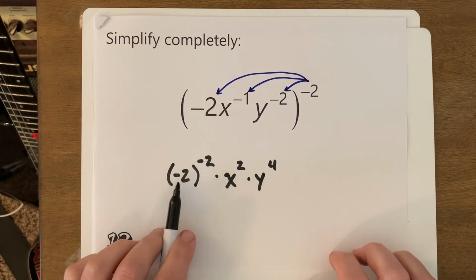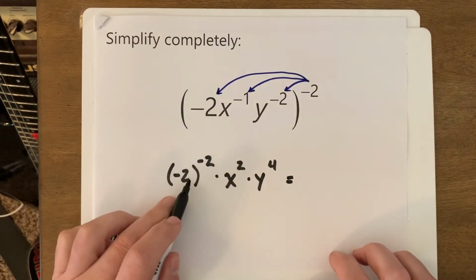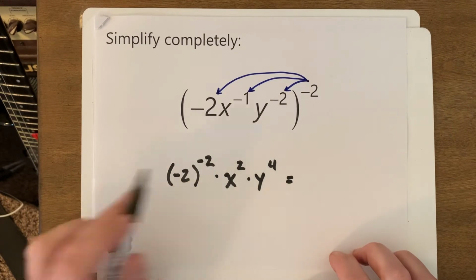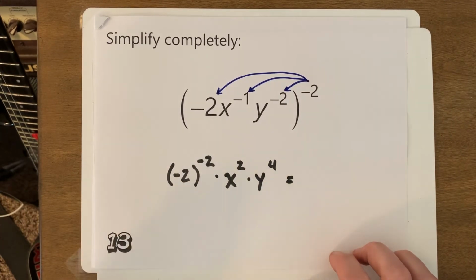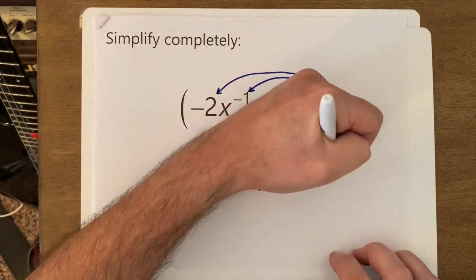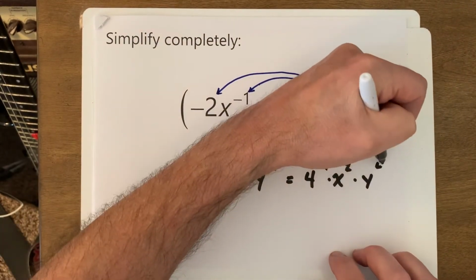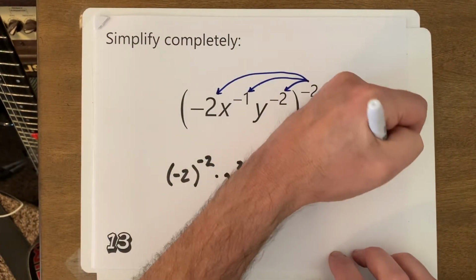All right, so let's go ahead and take the negative 2 and square it first. All right, negative 2 squared is positive 4. So what I really have is 4 to the negative 1 times x squared times y to the 4th. Didn't look that confusing at first, did it?